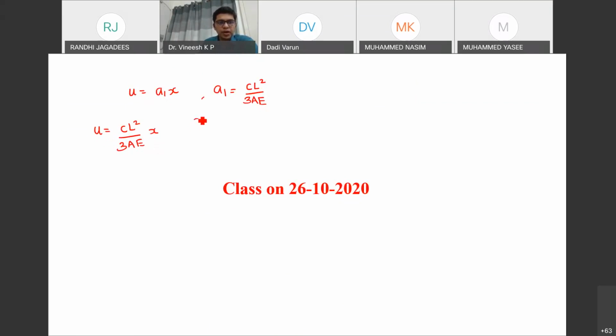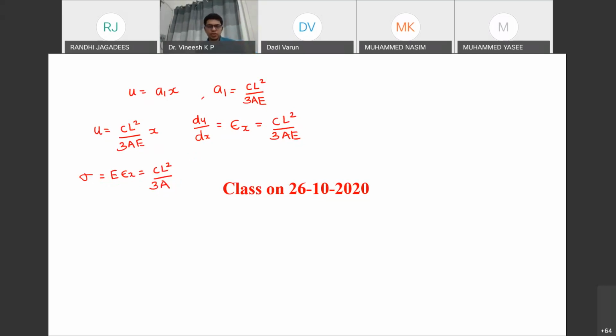Then du by dx, that is the strain in the x direction, you will get as CL square by 3AE. The stress sigma is equal to E into epsilon x, so you are going to get CL square divided by 3A.